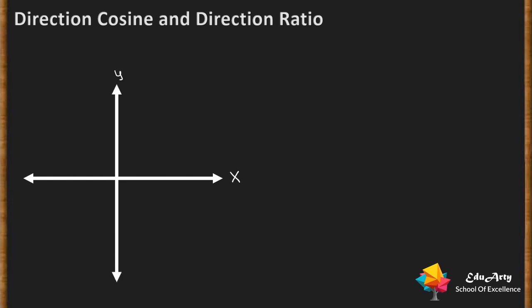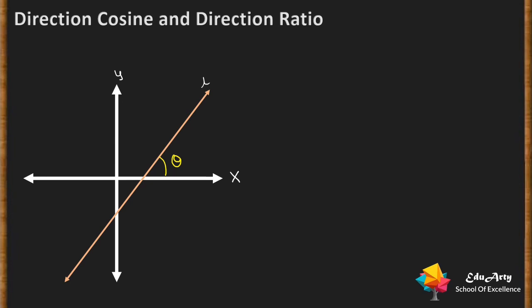And then remember that if we have this line, this is some line L. Now here we have learned about the slope of this line, which is defined by the angle with the positive side of the x-axis, which is theta.